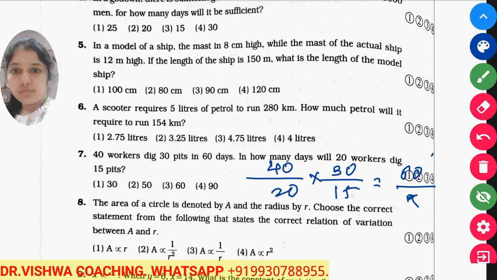This can be reversed. So 4. Okay, so this becomes 4x is equal to 60. So x is equal to 10. Okay. I will just check this sum.